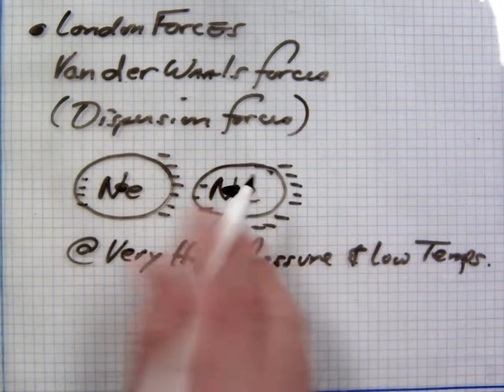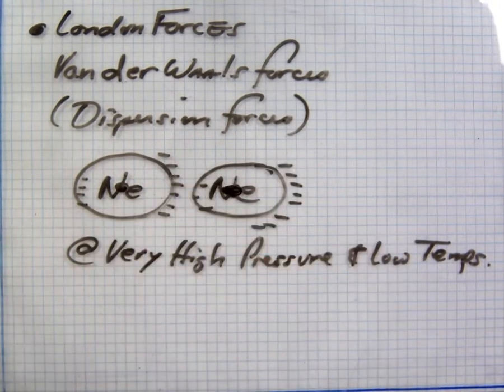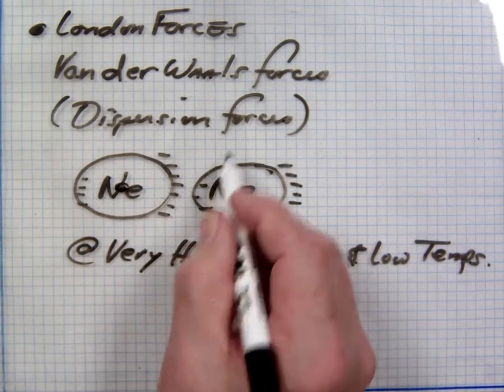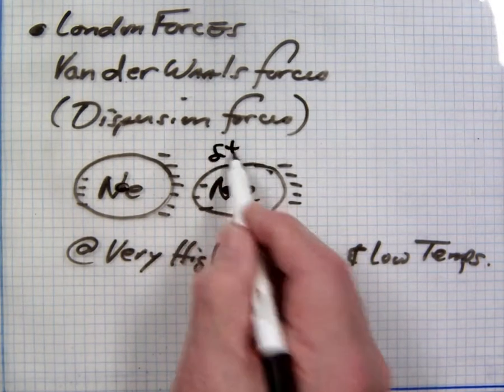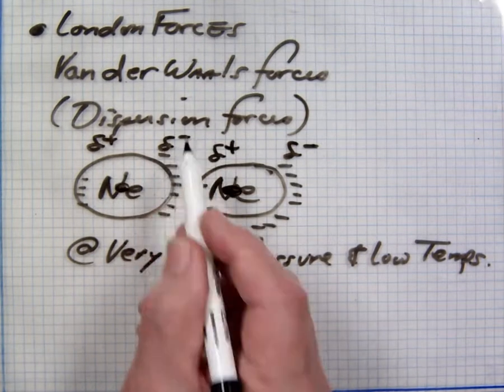Since this repels these electrons over here, this is all theoretical. Nobody's ever proven this, but this is what's in the book. Anyway, it produces a positive end and a negative end.